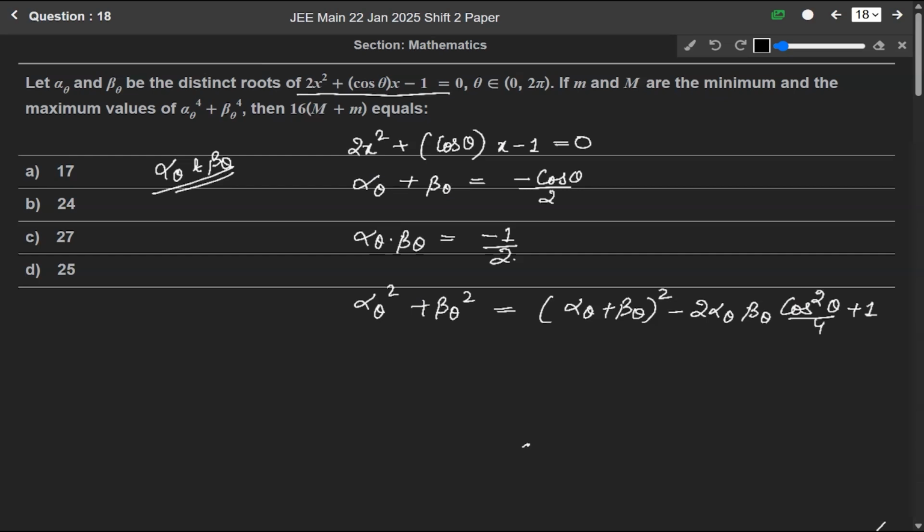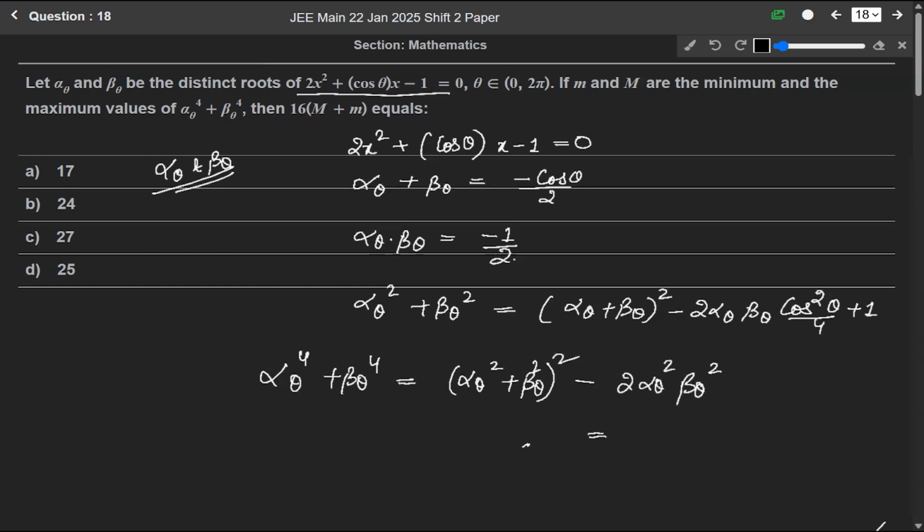So now alpha theta raised to the power 4 plus beta theta raised to the power 4 will be equal to (alpha theta square plus beta theta square) whole square minus 2 alpha theta square beta theta square.